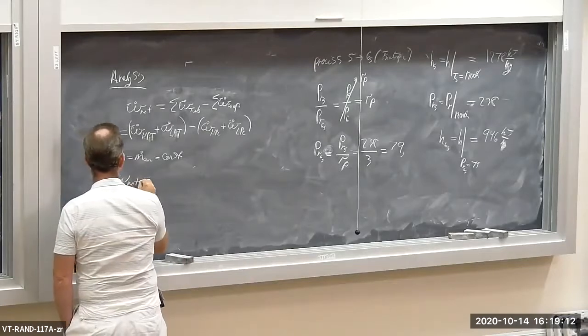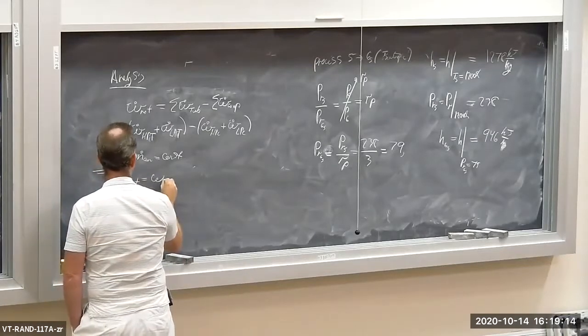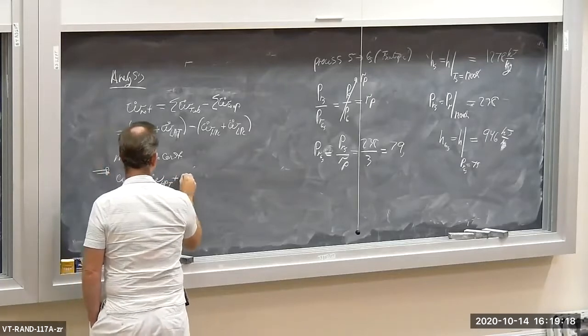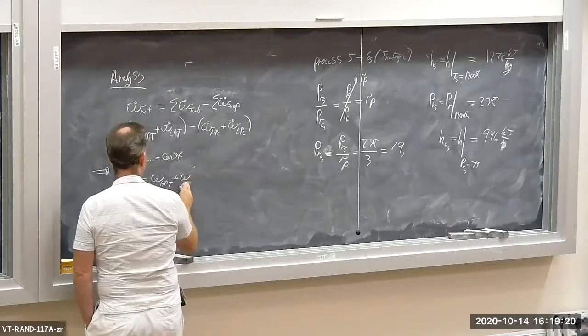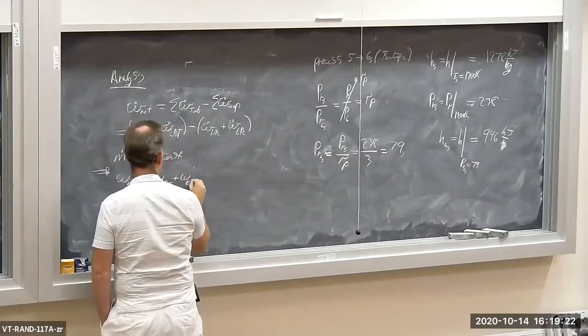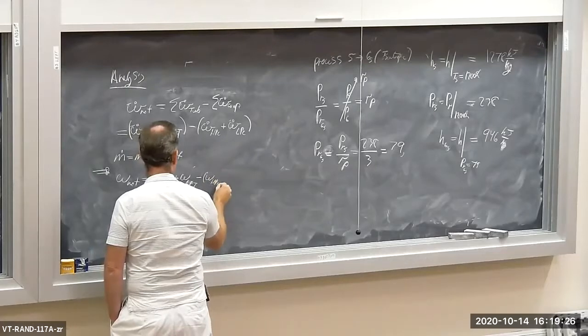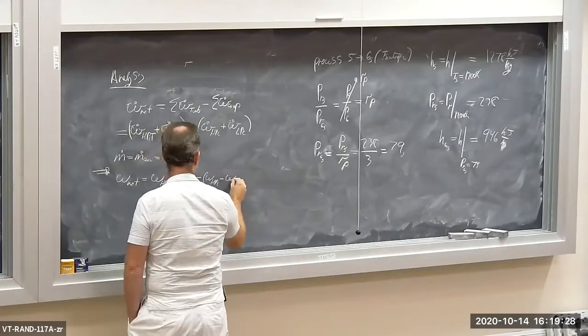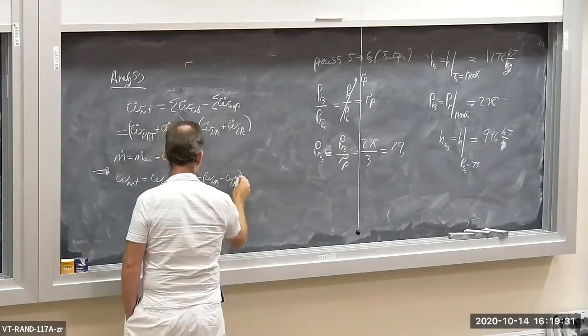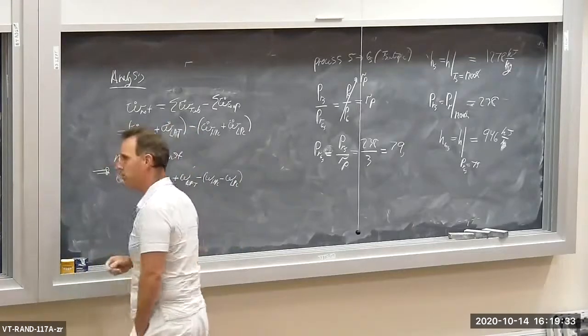Okay, so I can take the m dots, w dots, and rewrite that as specific work. So the net specific work is W net of the HPT plus W of the LPT minus W of the high pressure compressor minus W of the low pressure compressor. We already have some numbers here.